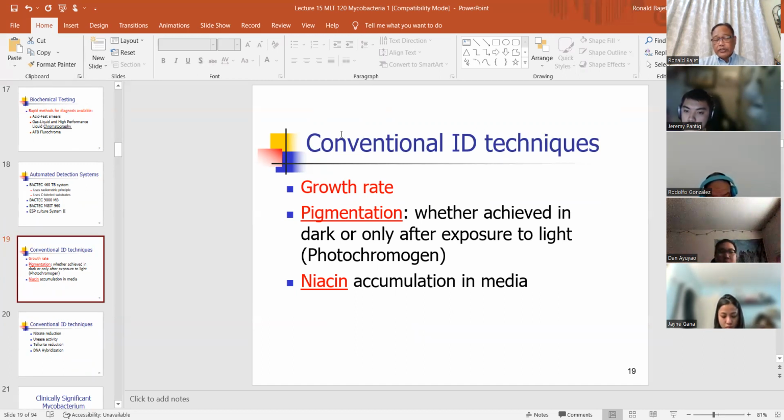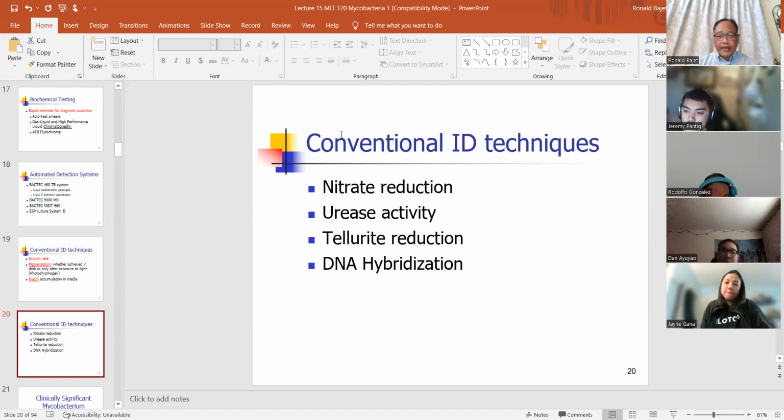Niacin accumulation looks like breadcrumbs, colonies of breadcrumbs. If you see that on any of your media, then that's a pretty good sign that you probably have Mycobacterium tuberculosis in your culture. Other tests that are useful are nitrate reduction, urease activity, tellurite reduction, and DNA hybridization.